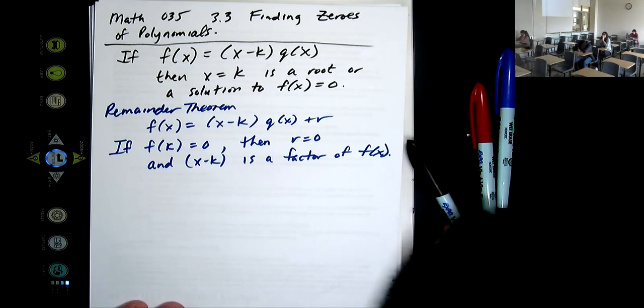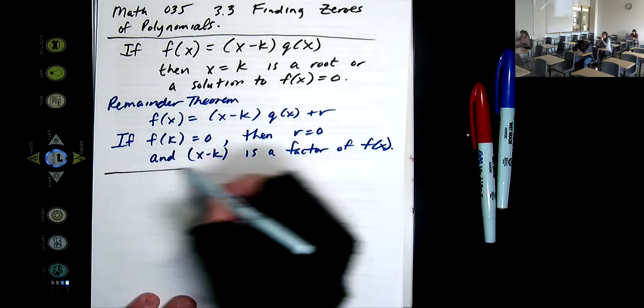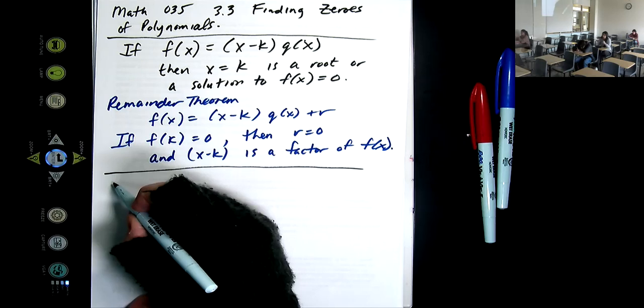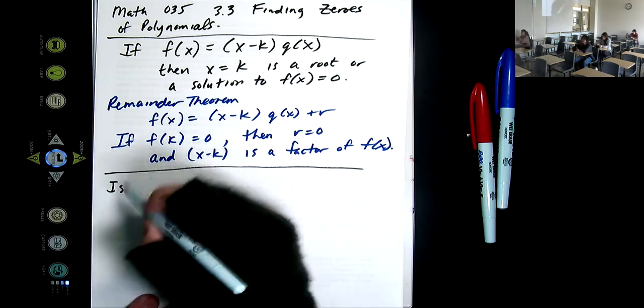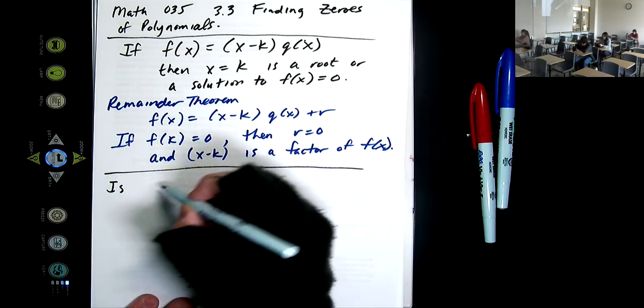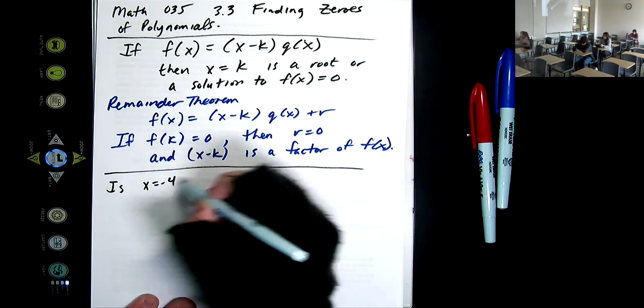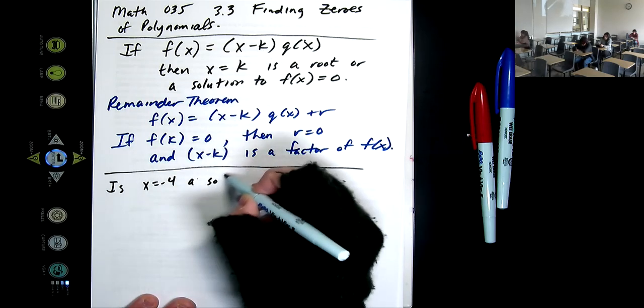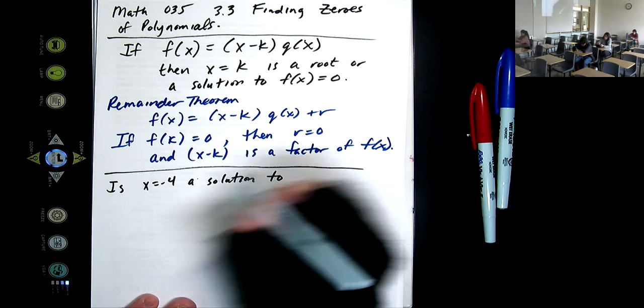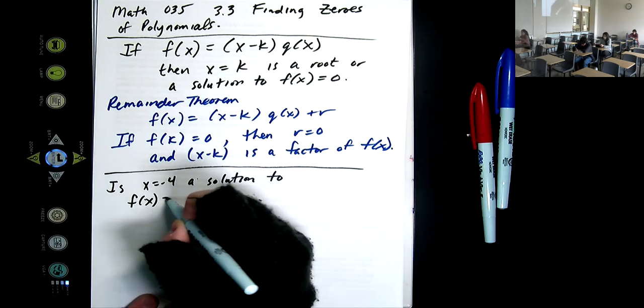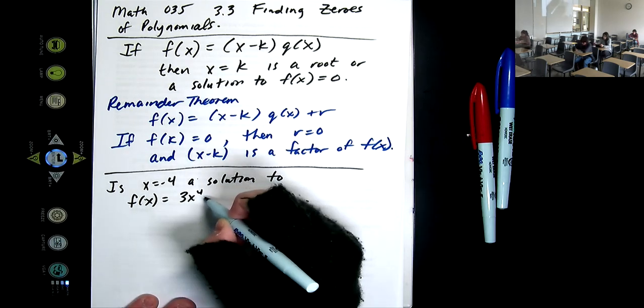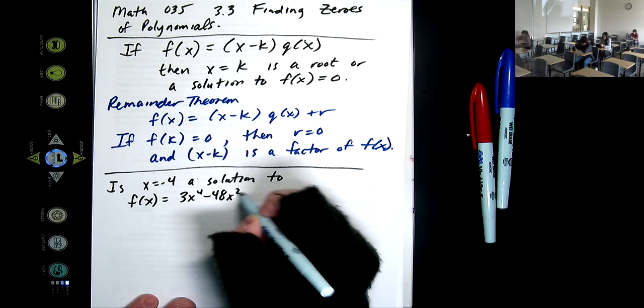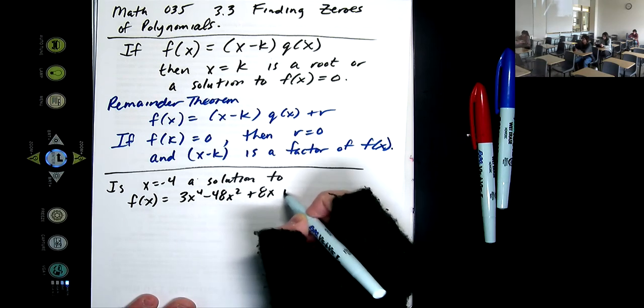But if you want to do a quick problem with it, let's see, is x equals -4 a solution to f of x equals 3x to the 4th minus 48x squared plus 8x plus 32?